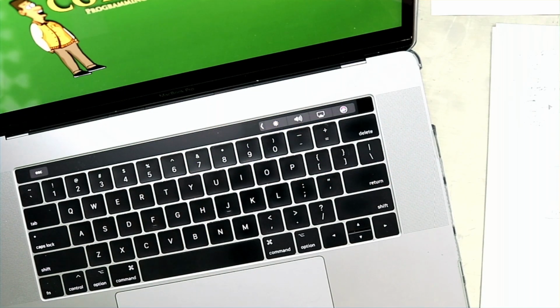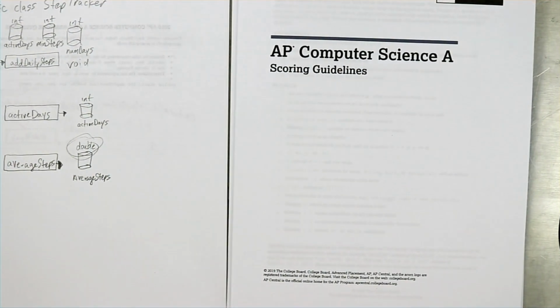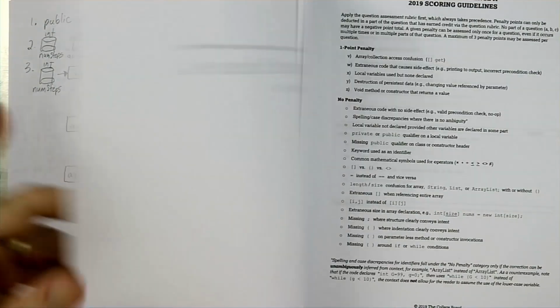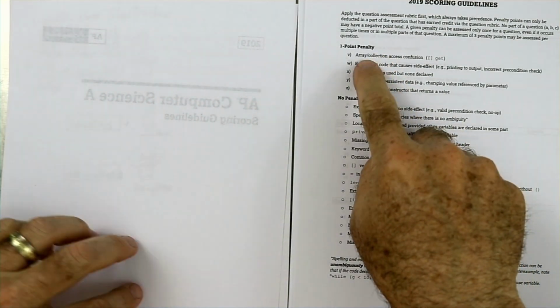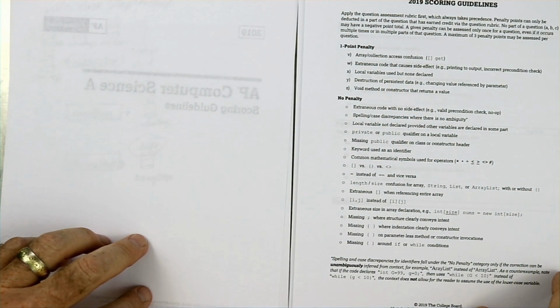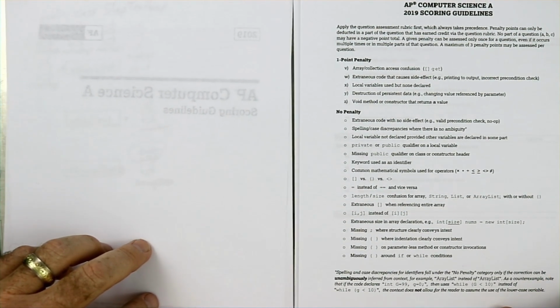Oops, sorry. New lab, new studio. All right. So here's the scoring guideline. If you look at the scoring guidelines, it gives you what you're going to get penalized on and what you're going to have a penalty for. So take a look at those.